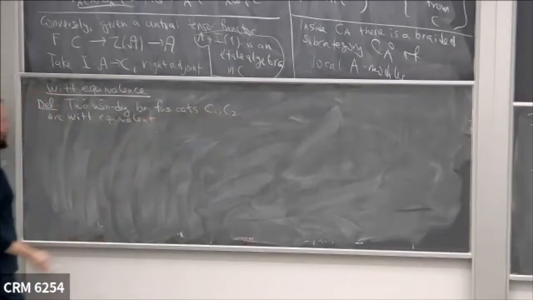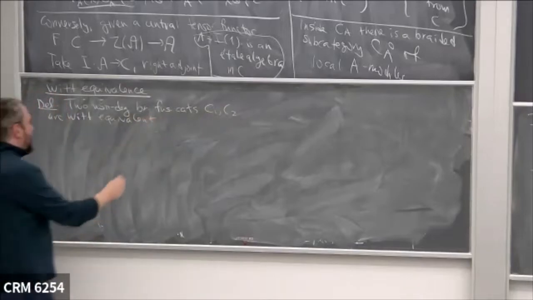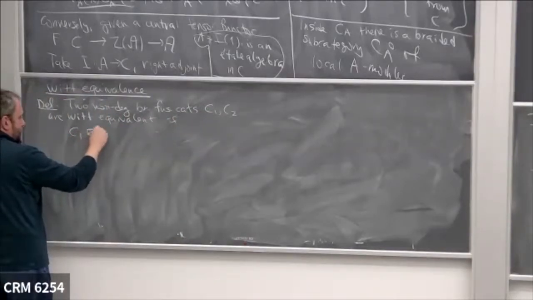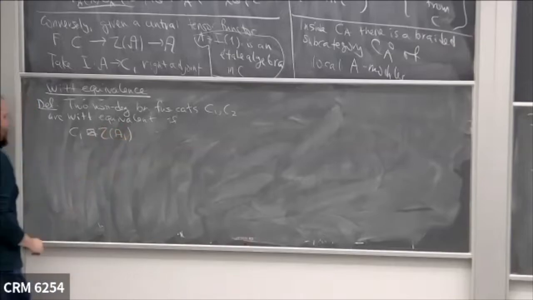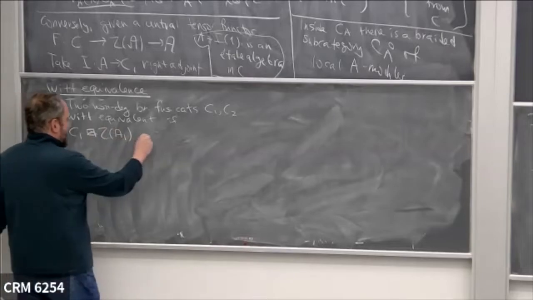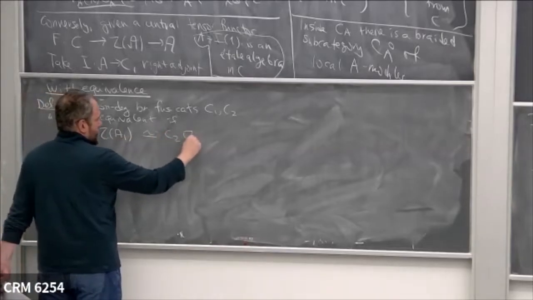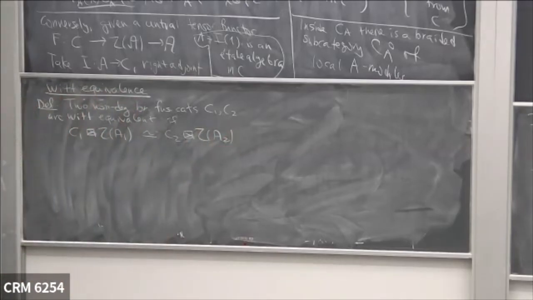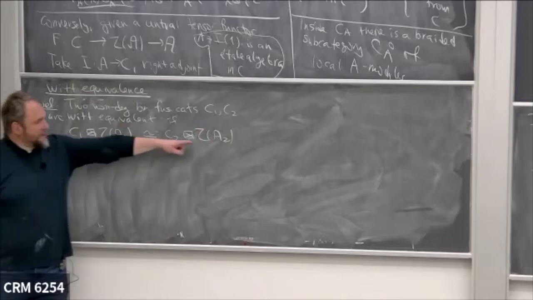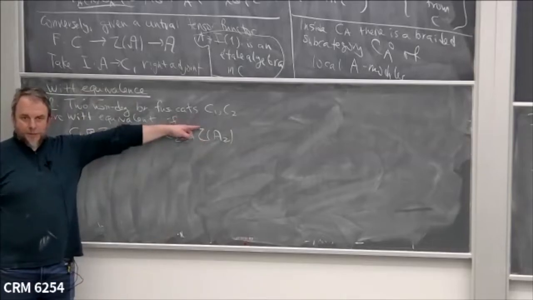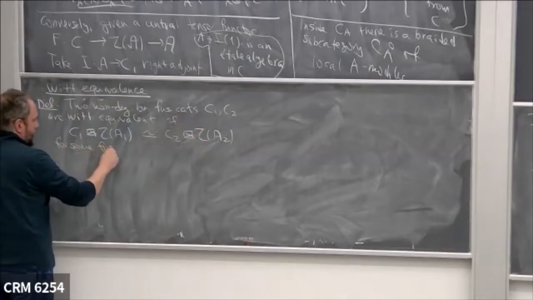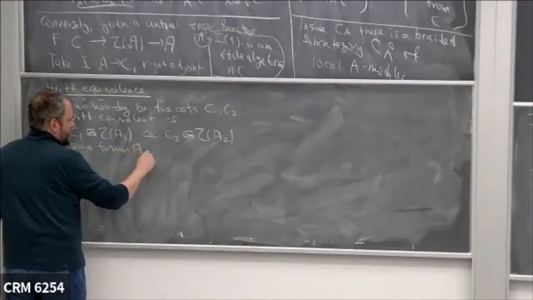We can say categorically Witt equivalent if we have a braided equivalence of this form: C1 tensor the center of something is equivalent to C2 tensor the center of something. So they differ, but their difference can be captured by tensoring them with the centers of fusion categories A1 and A2.